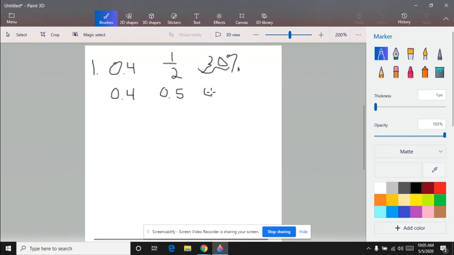So this is 0.3. Okay, so now I have them all the same. They're all in the same place value too, so all I have to look at is 3, 4, and 5. Okay, and it says which is the greatest. So 5 is the greatest, which would mean 1/2 is the biggest.